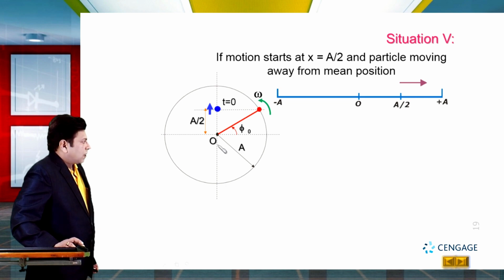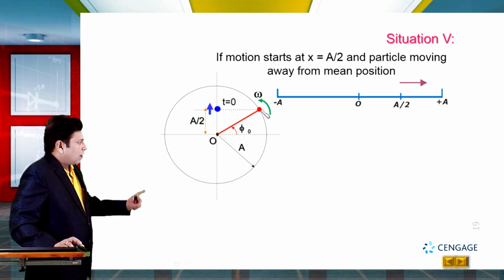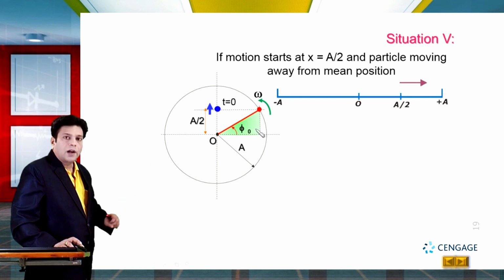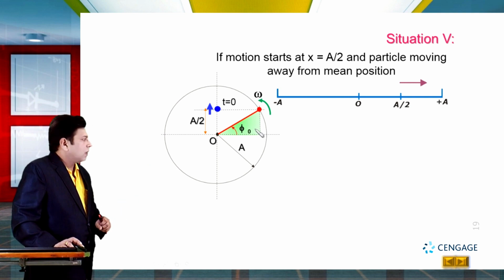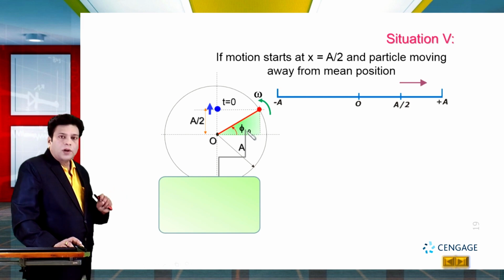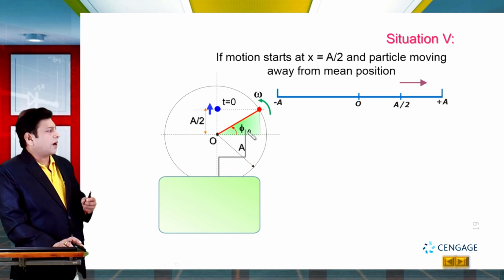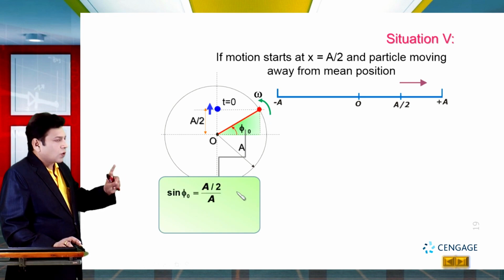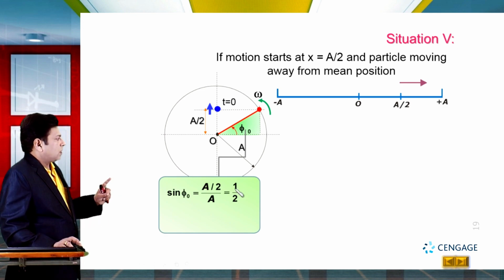We know this is A by 2. If we draw a perpendicular from this point to the x-axis, this should also be A by 2. You can observe this is a right angle triangle, and in this right angle triangle we can find the value of phi naught using simple trigonometry. We can write sin phi naught equal to A by 2 divided by A, that is equal to 1 by 2.